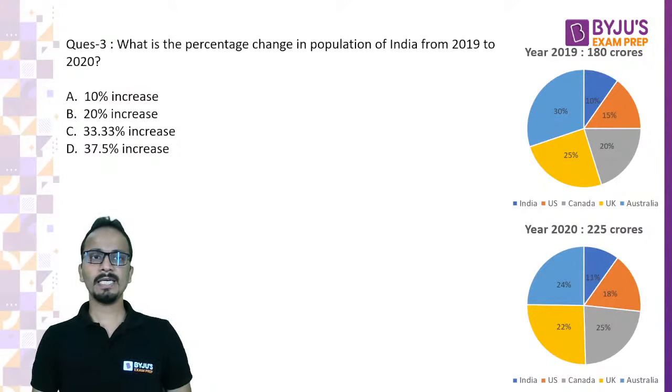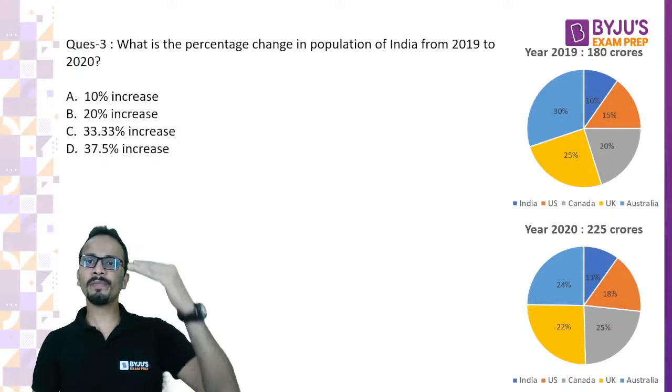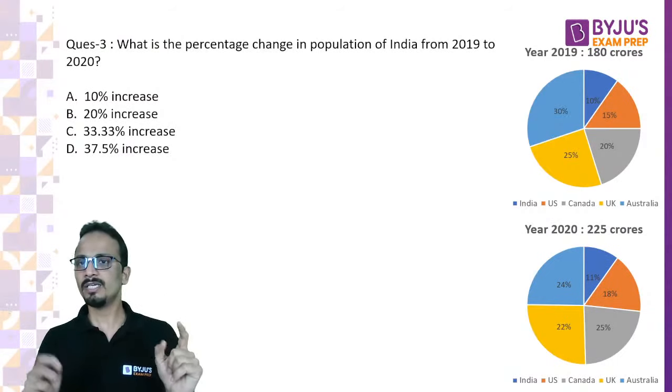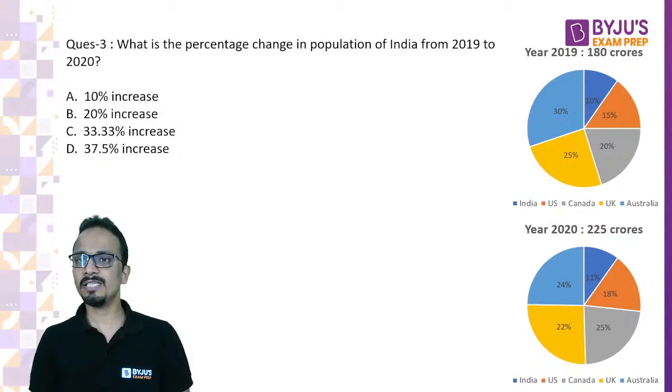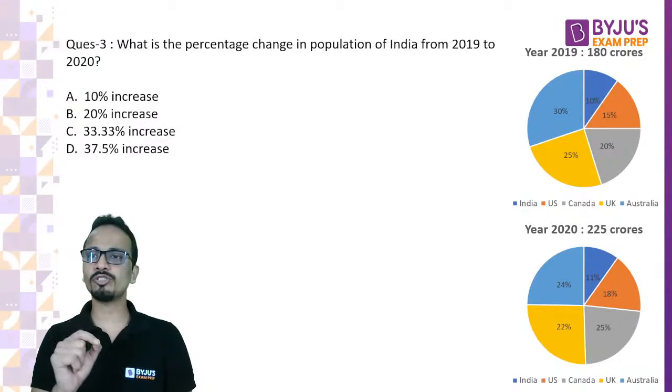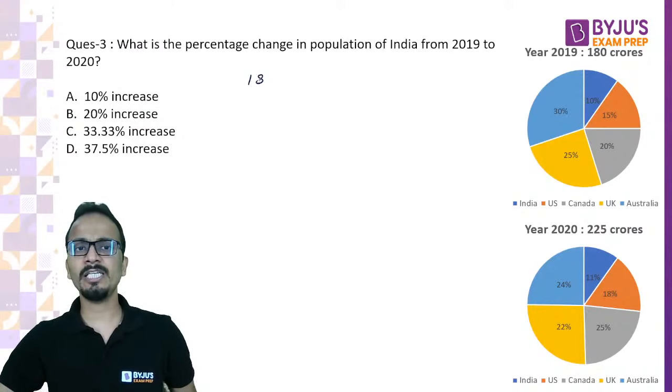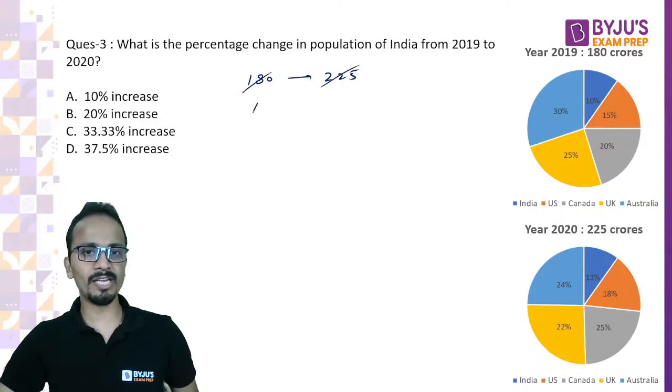Okay, now in this case, going from year 19 to year 20, the base has increased, the base has changed. Okay, so first of all, I'll try to find out what is the percentage change in the base. Okay, बहुत easy है calculate करना. Initially it was 180 and finally it was 225. We have just seen if I'll reduce these values, it will become 4 and 5.